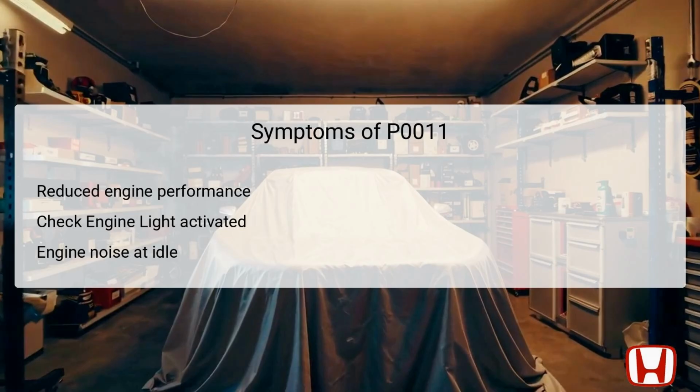Furthermore, the check engine light will typically activate, alerting the driver to a malfunction within the engine management system. Additionally, increased engine noise, particularly at idle, can be observed. This is often due to improper valve timing, leading to rough idling. Being aware of these symptoms can prompt quicker diagnostic efforts, minimizing further damage to the vehicle.